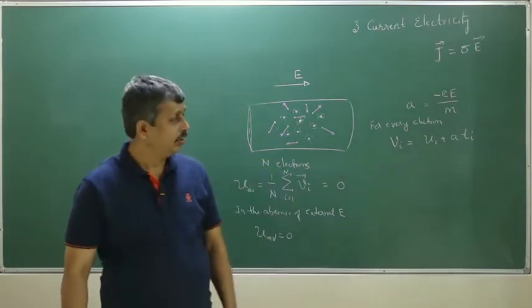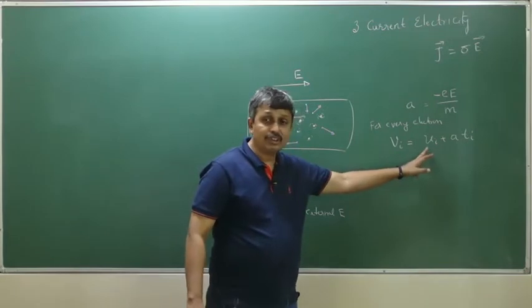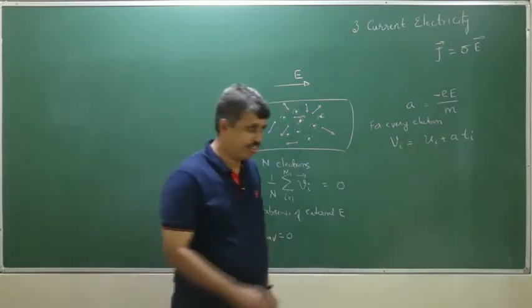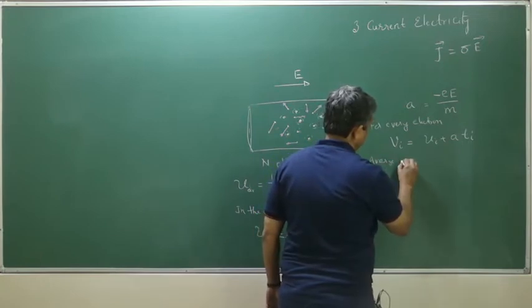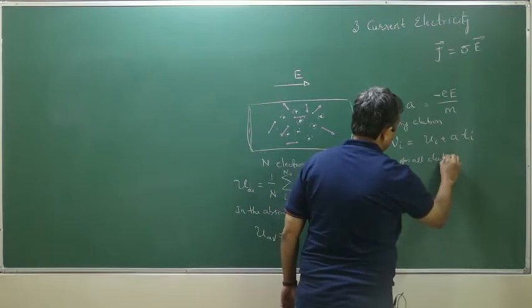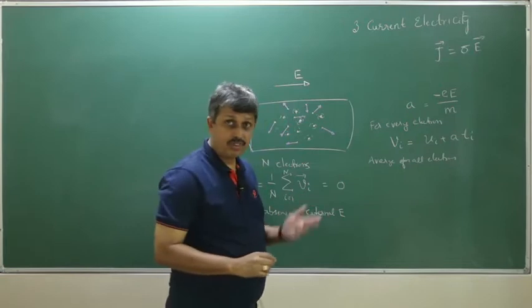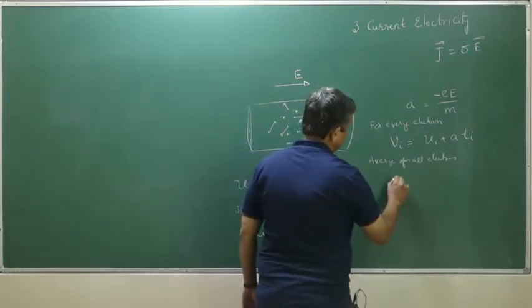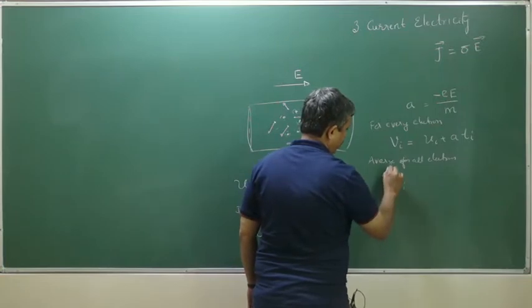Now if you take the average for all electrons, now with E present, this is 1 by n sigma Vi for i equal to 1 to n.